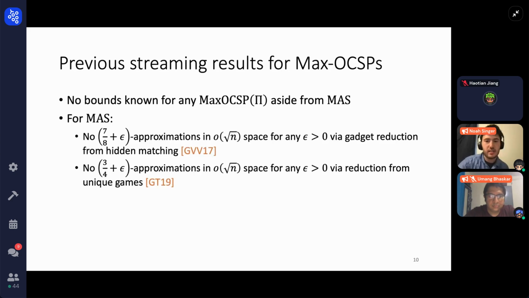For the max acyclic subgraph problem, there was a work in APPROX 4 years ago which ruled out better than 7/8 approximations in sub square root n space, via a gadget reduction argument from the Boolean hidden matching problem. This 7/8 was improved to 3/4 via a streaming reduction from the unique games problem. But 3/4 is still short of what we would really like to show, which is that you can't even get a half plus epsilon approximation.